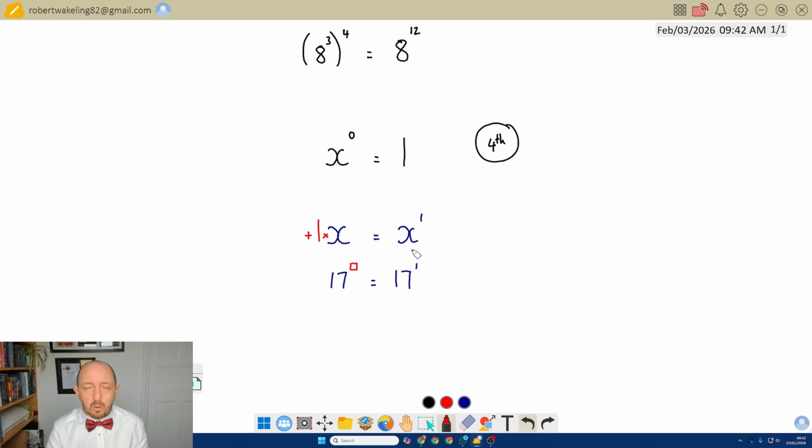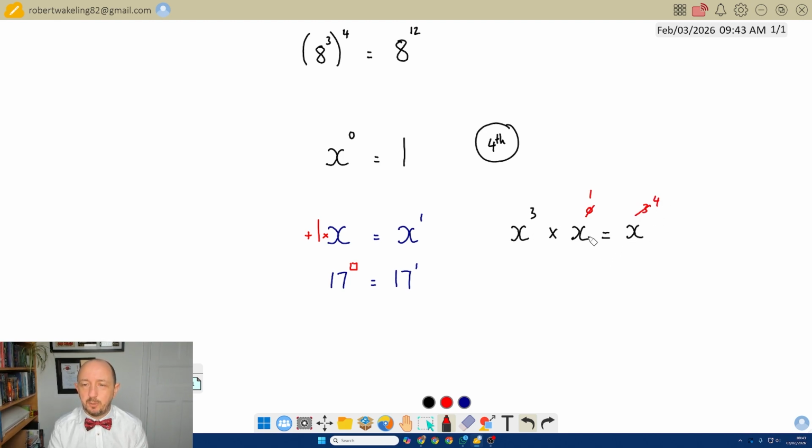And why is that important? Because if we do x cubed times x, students will often put a 3 here because they think, I've got to add the powers, which is true, but they think, oh, there's nothing there, so it must be a 0, when in fact that is a 1, and so this becomes a 4.